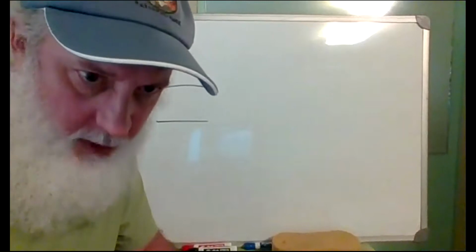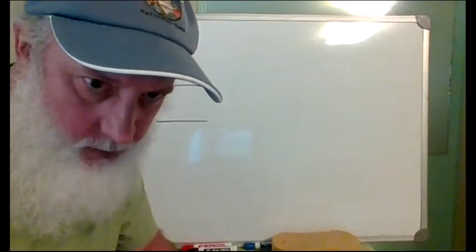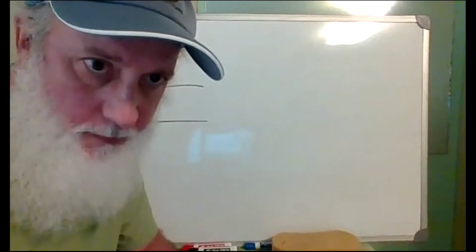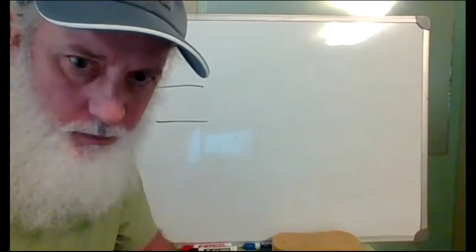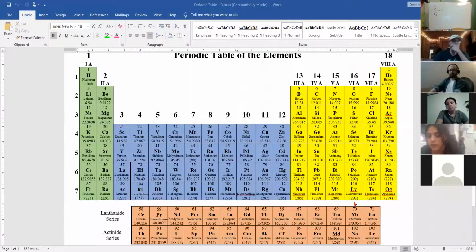Let's see. So let's bring back up that periodic table. Okay. So again, how are the elements arranged on the periodic table? In order of increasing atomic number. How do we know which element an atom belongs to?